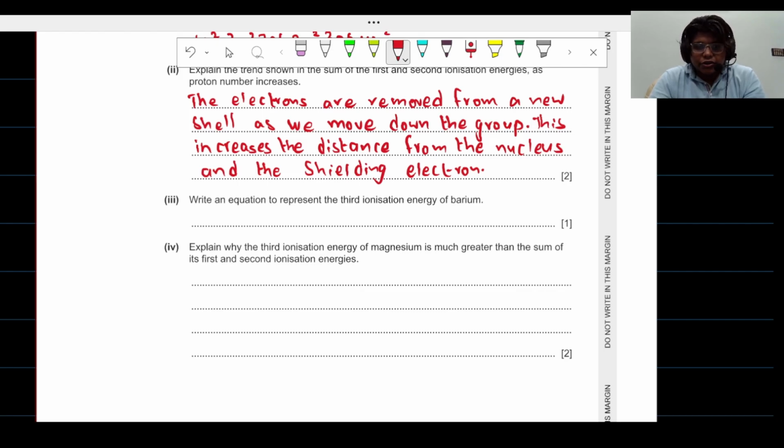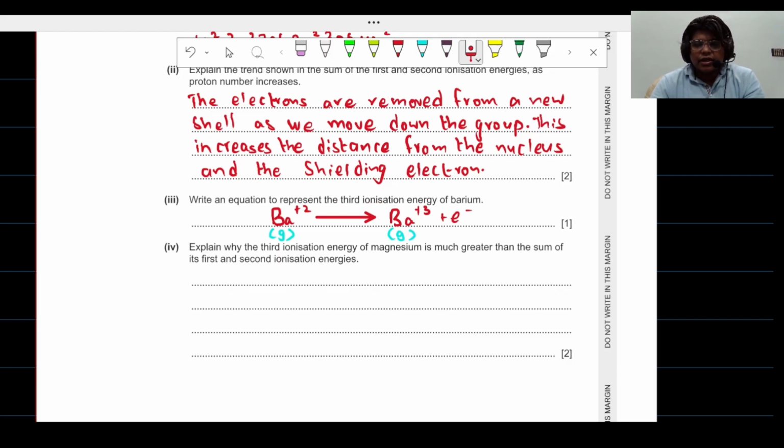So the equation would be Ba2+ in the gaseous state, minus an electron, gives Ba3+, which will also be gaseous, plus one electron, e negative. This shows that the electron is getting removed from the Ba2+ and it is becoming Ba3+. So this is the third ionization energy, the removal of the third electron.